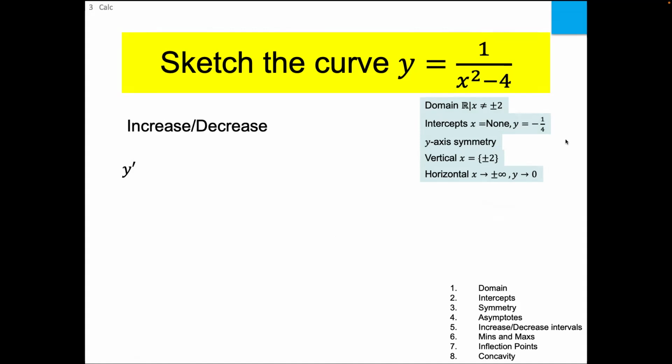Low: x squared minus 4. Derivative of high? 0, so that goes away. Minus high d low: this 1 times 2x, all over the bottom squared. There we go.